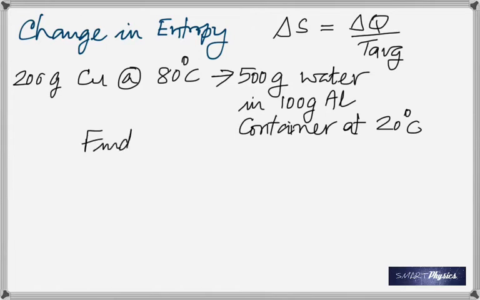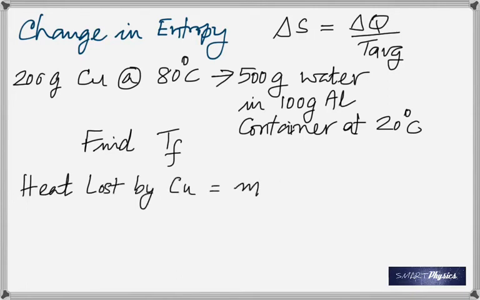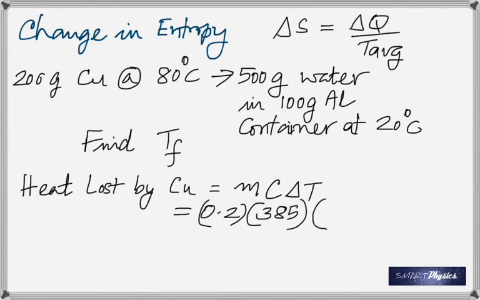All right. First, we have to find the final temperature. Here it is. Heat lost by copper. And the formula is, like somebody said, mcΔT, isn't it? Mass times specific heat times change in temperature. Mass is, oh, you have to have it in kilograms, please. 0.2. 385 is the specific heat.